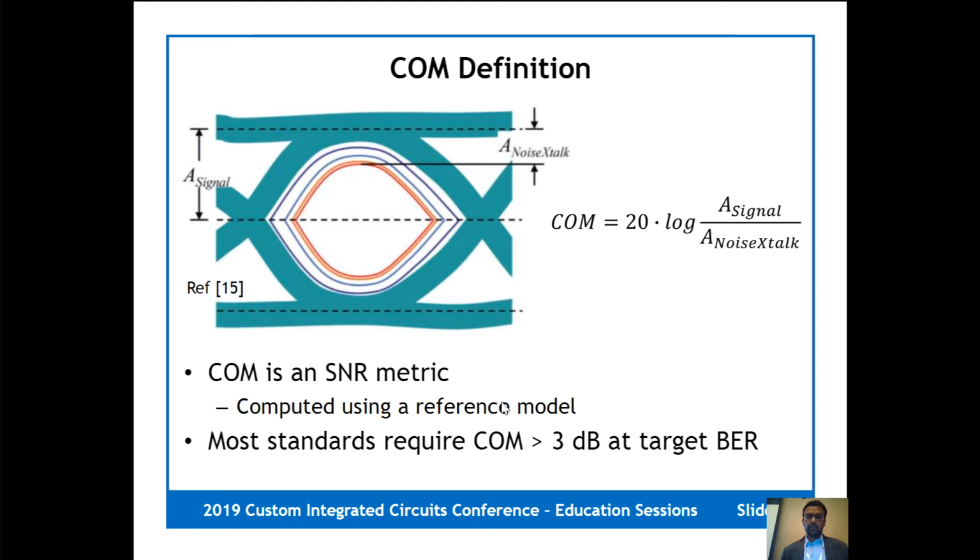The number to remember is 3 dB. Most standards have agreed that greater than 3 dB of COM is sufficient margin in order to close the link. So this means that your signal needs to be at least 40% higher than your overall noise.